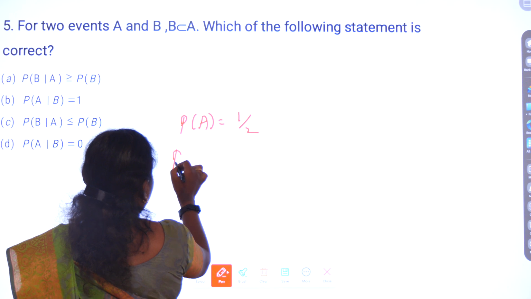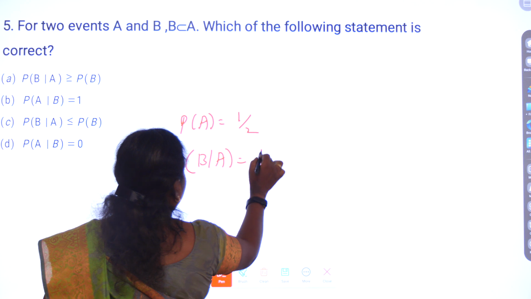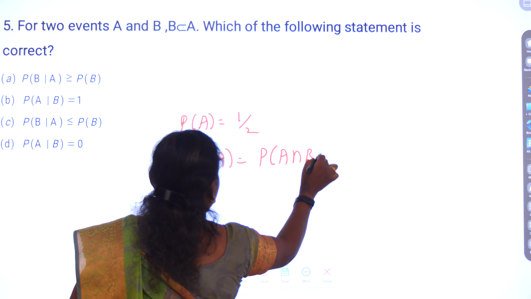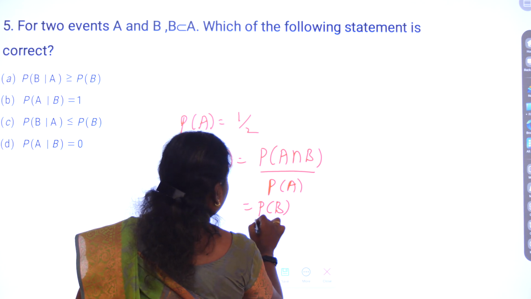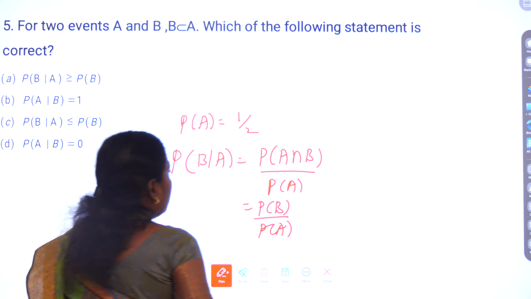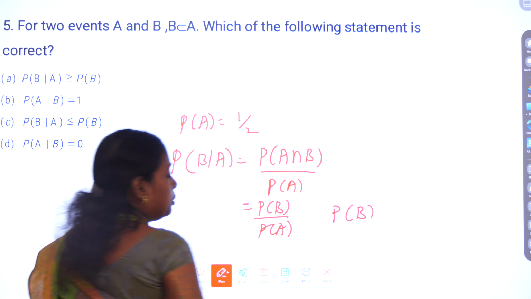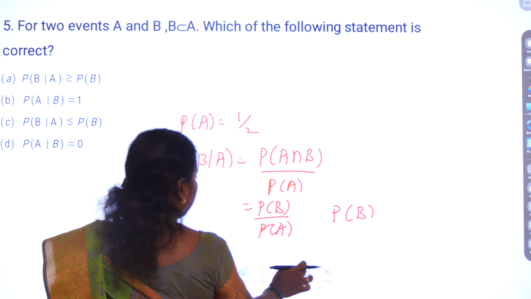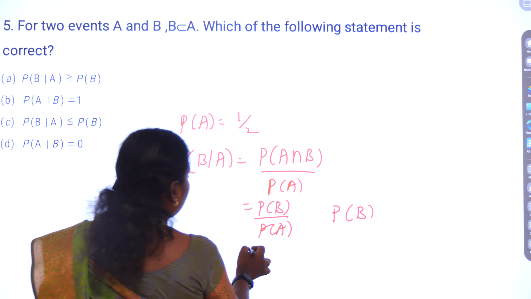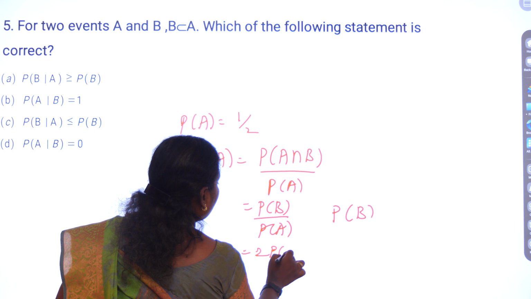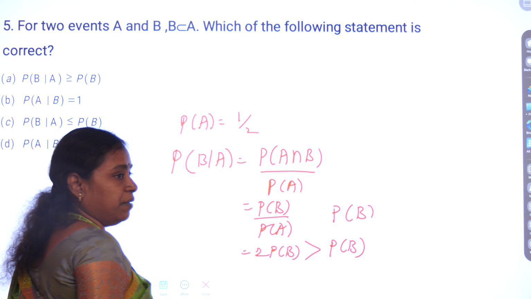Then P of B given A is P of A intersection B divided by P of A, which is P of B divided by P of A. Substituting P of A equal to 1 by 2, it becomes 2 times P of B, compared with P of B, so definitely this will be greater.